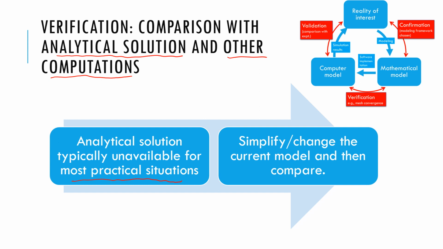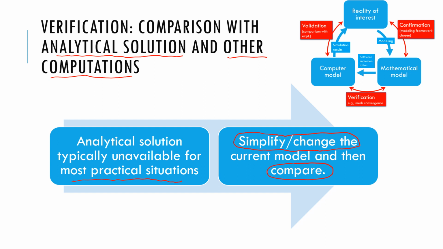So an analytical solution is likely to be unavailable for the exact situation that we're looking at. But what we can do is simplify and change the current model slightly, if possible, or come to a simple version of the model, then we can compare.